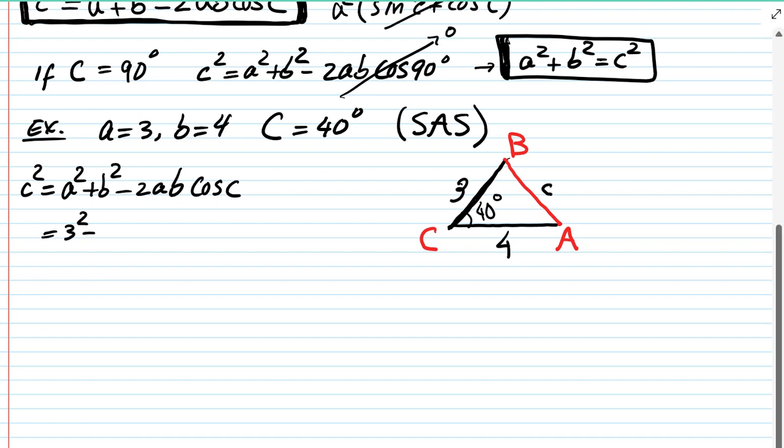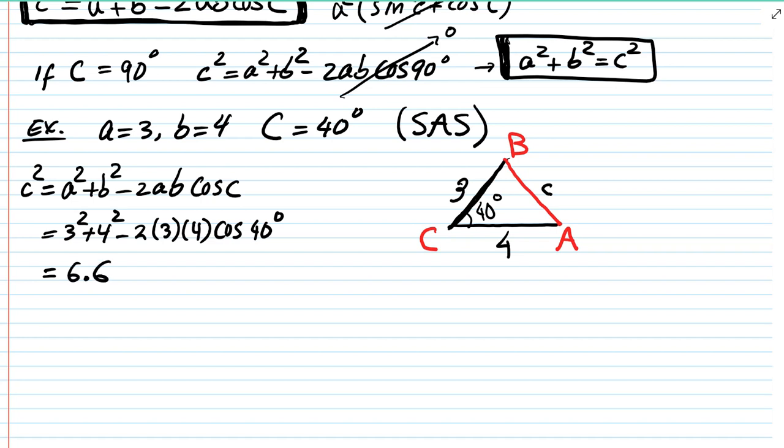I just have to plug in the numbers: 3 squared, 4 squared, negative 2 times 3 times 4, and then cosine of 40 degrees. So that C squared ends up being 6.6, and C, we take the positive square root of 6.6, or in this case, 2.57.